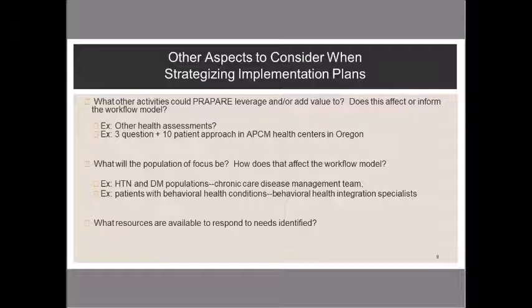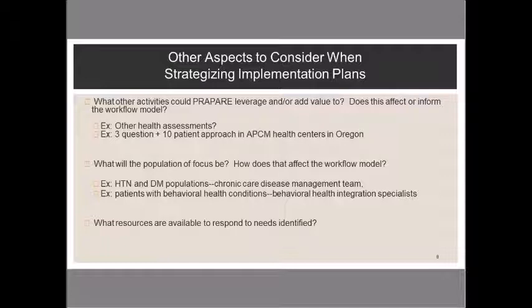Others may choose to have a population of focus. For instance, if you want to focus on patients that have uncontrolled hypertension or diabetes, because that is a more complex population, and so you really want to address their needs.